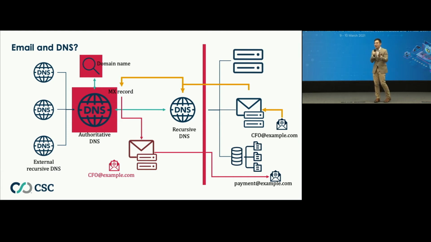Then they can set up something like CEO or CFO at example.com, and send email using your legitimate domain name to your finance department, for example, asking them to send a payment. This is not the typical phishing attack that you can see. There's no way for any of those spam traps to detect this because they're using your legitimate domain names. So this is a really dangerous trend, and we can see it from the liquid.com example that I showed you before. It is highly probable because they gained control of the internal email server.